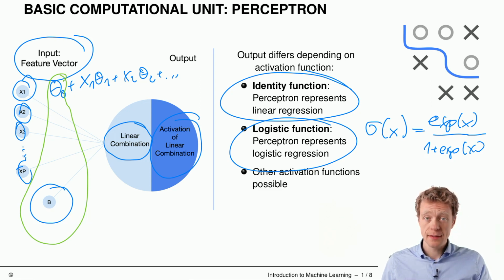And basically, if we use this logistic activation function, then this perceptron is the exact same thing as a logistic regression. It's not just somehow similar or related, no, it's really mathematically exact the same thing.